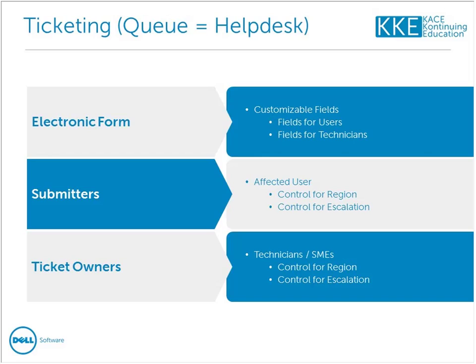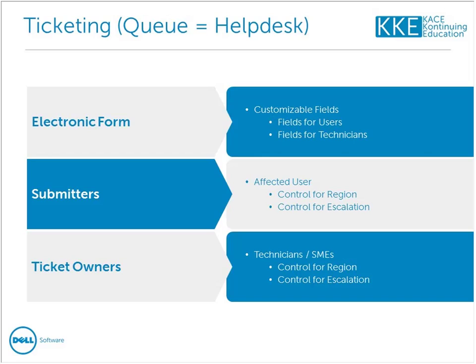Okay, so I can have as many queues as I want to. But what each queue essentially consists of, folks, is a different electronic form, right? Each queue in the K1000 can be completely customized. We have massive power here, folks, in terms of what fields you can have on the form, what the fields consist of. You can make all manner of different types of fields, drop-down boxes being probably the most useful ones, but I can have time and date boxes, I can have user boxes, I can have check boxes, all kinds of cool stuff I can do, hyperlinks, right?